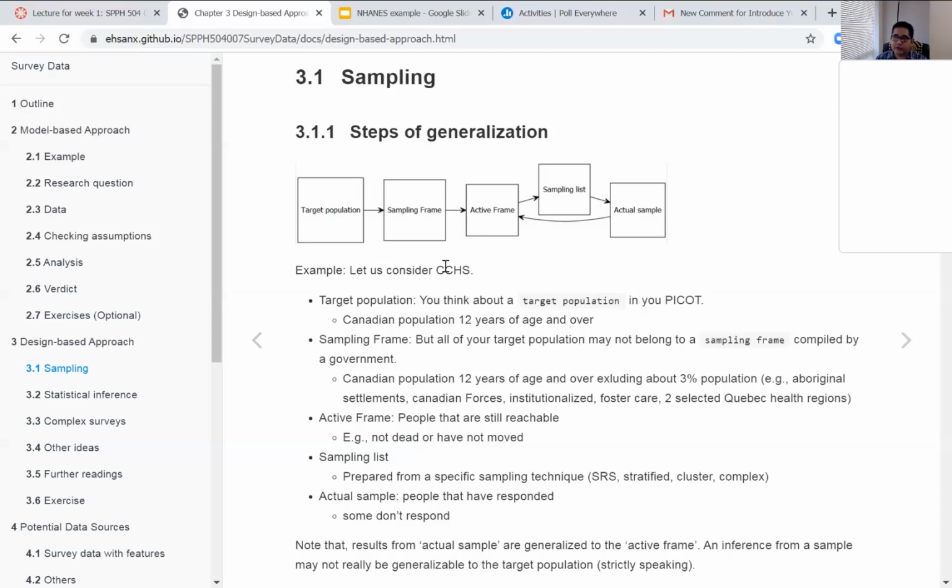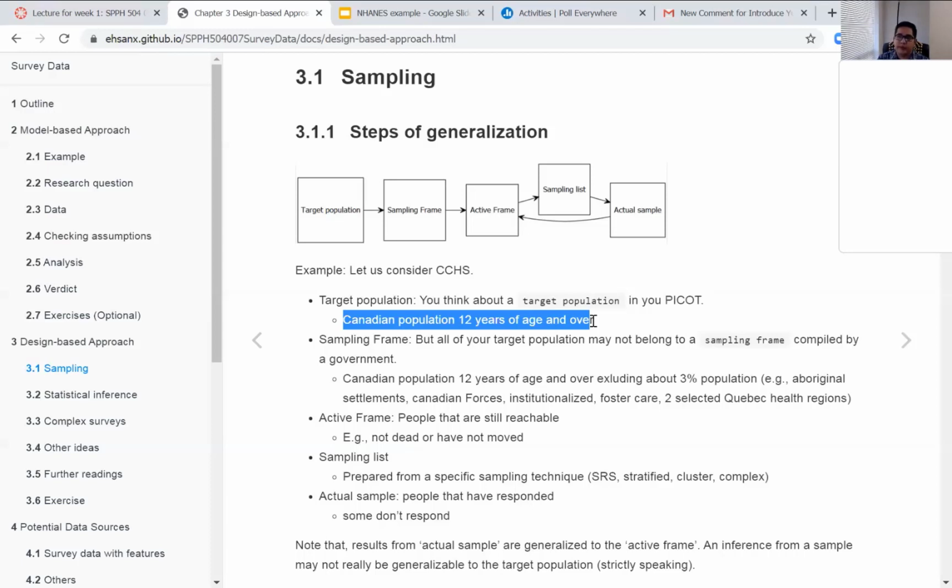And say, for example, for the CCHS, the population that you are basically interested in is the population that are of age 12 or older, because those less than 12 years of age have much less to do with policy, but there might be some policy implications in collecting those datasets.